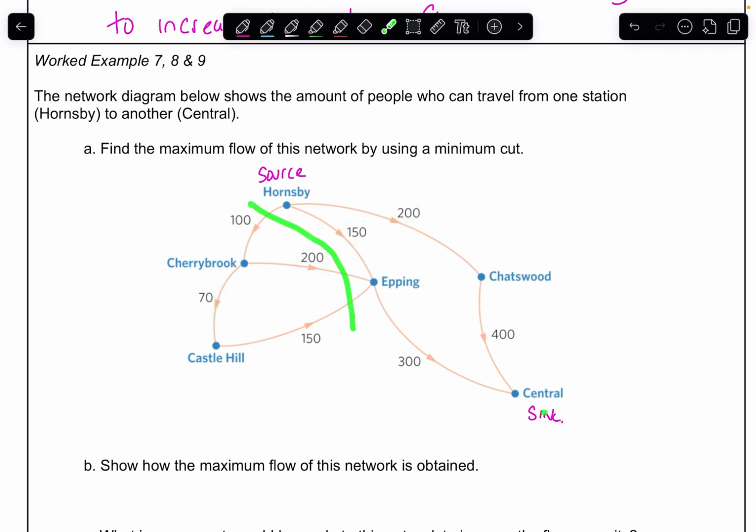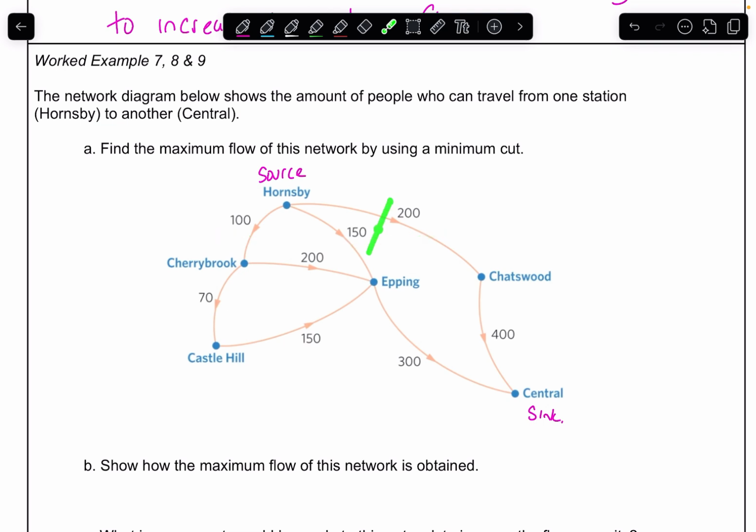No, that's not cutting off my source and sink, is it? What if I go this way? Oh, that's 400. What if I go this way? So I've got 100, 150 and 200. That's 100 and 150 is 250 plus 200 is 450 that way. That's the smallest so far.